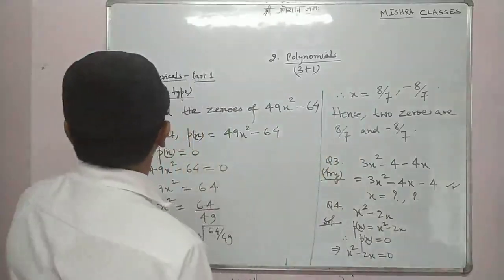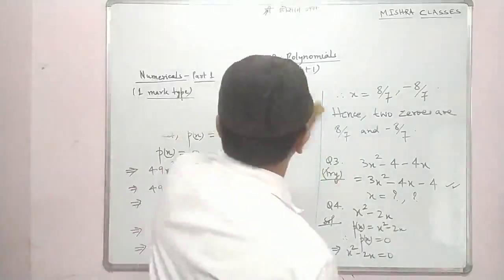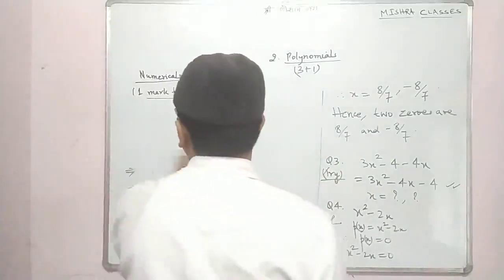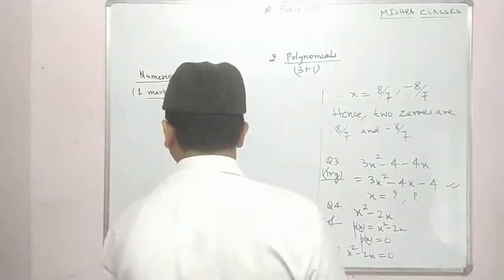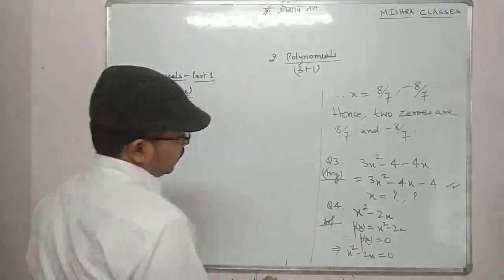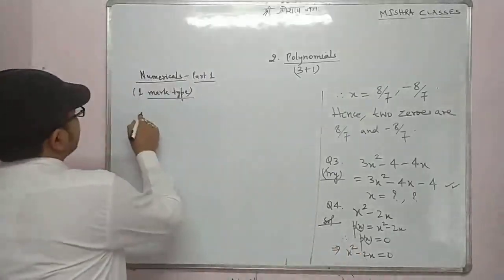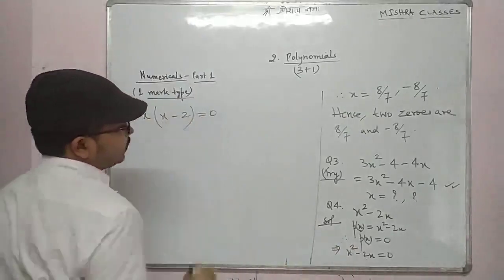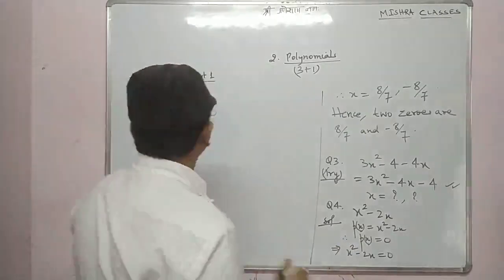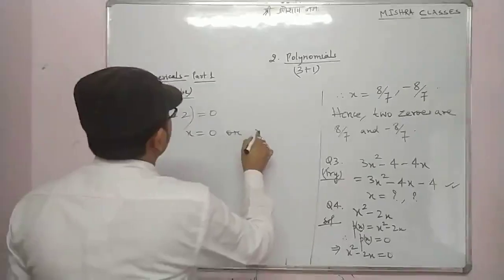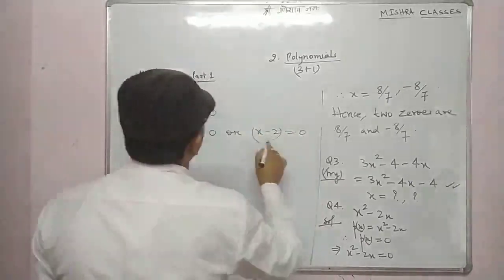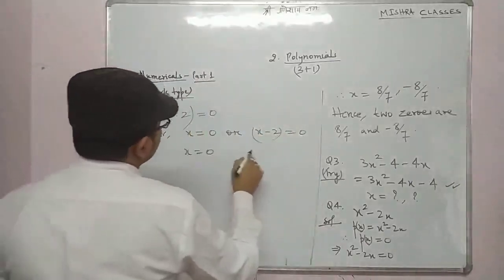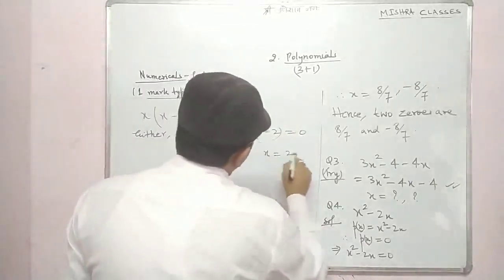Now after this, we can take x as common. So x into x minus 2 equal to 0. Is it clear? So what we can say, either x equal to 0 or x minus 2 equal to 0. So you can say x equal to 0 and here we can say x equal to 2.